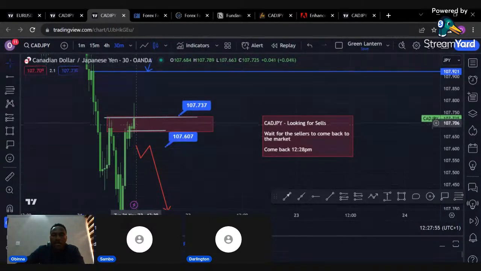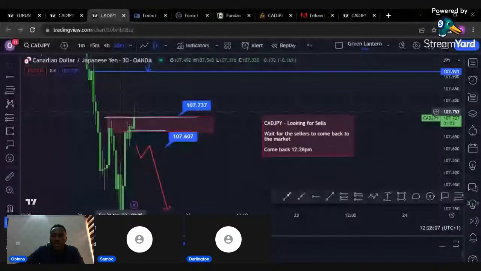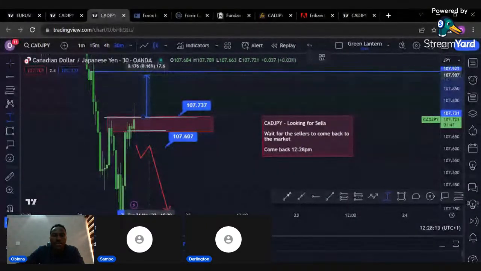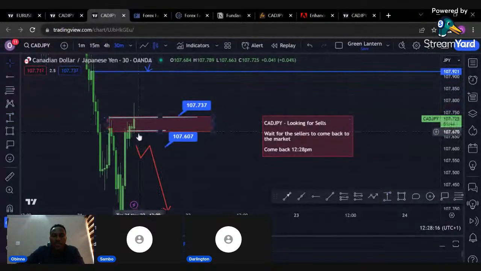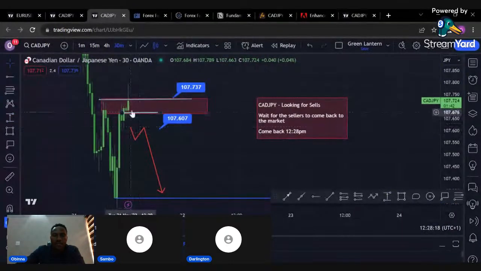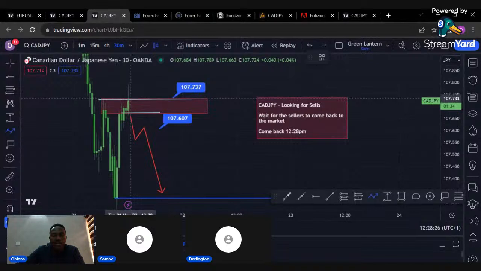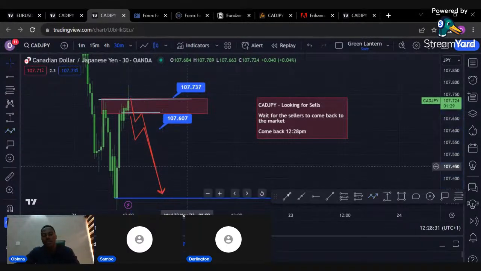But if price is going to go up, I want to see that it breaks above this place, that is 107.737, so that we'll be looking at taking, this is 18 pips. But if it doesn't break, then I won't be taking any trade within this place. The other option that I'm looking at is I want the sellers to come back into the market. I want the sellers to break this place, retest to continue going down. That's what I'm looking for.